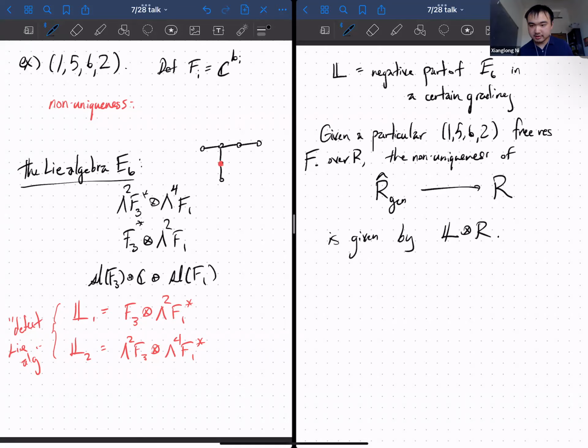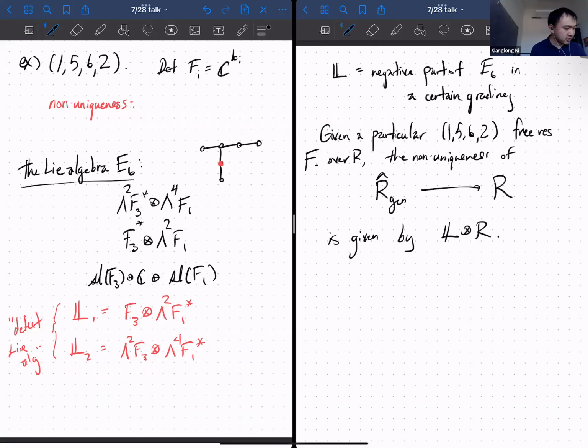All right. So what Weyman shows is that, in the original 89 paper, it's already shown that this defect Lie algebra L acts on the constructed ring R generic by derivations. But in fact, the entire Lie algebra, in this case E6, also acts by derivations.